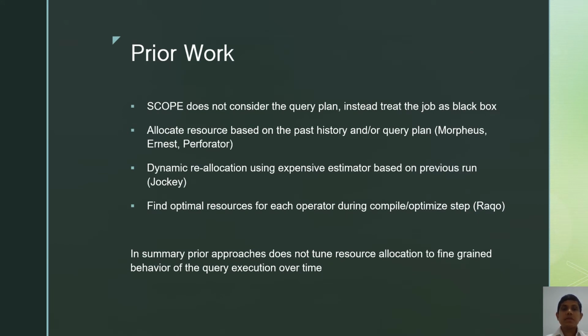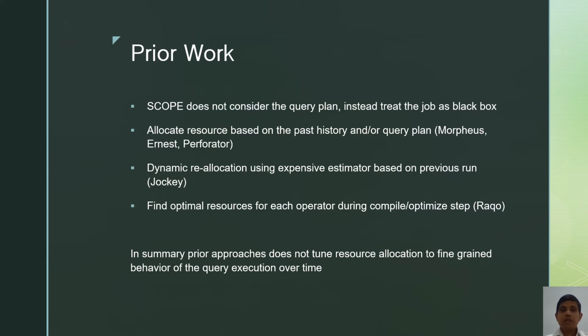There is some work done in this area to produce better estimates. For example, looking at the query plan and considering the past history of the jobs, it tries to produce those estimates.